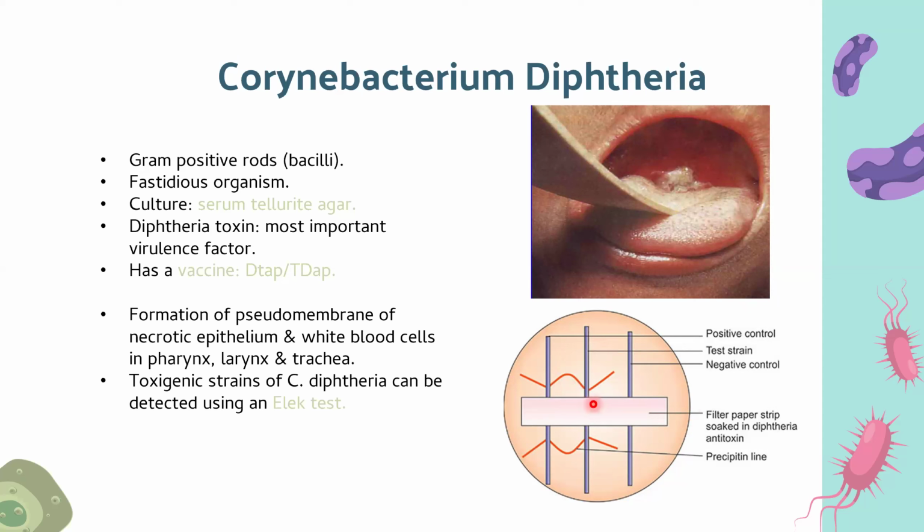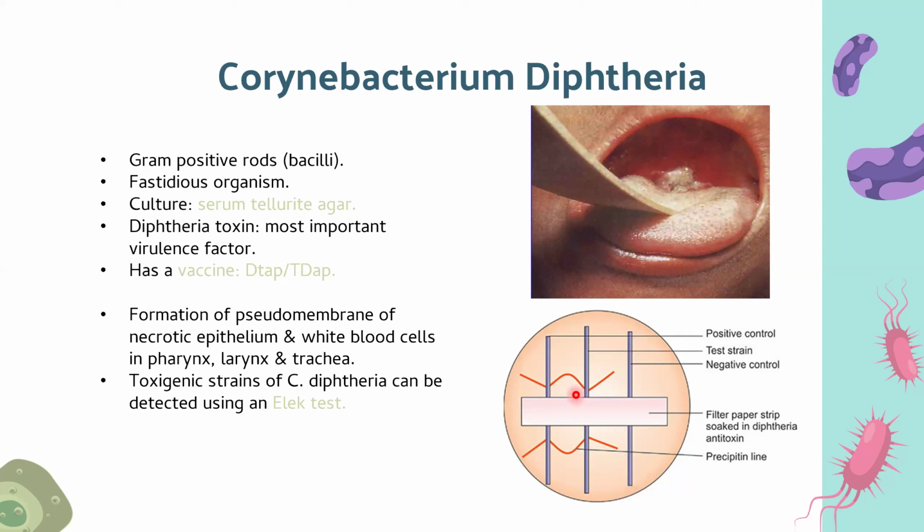I put my test strain in the middle, and then I'm going to put a filter paper that is soaked in an antitoxin for the diphtheria toxin. So it's like an antibody to the diphtheria toxin. As I put this, what I'm expecting to see, if it's negative for the toxin, is nothing. I don't even have anything to fight, right? It's going to be like this negative control.